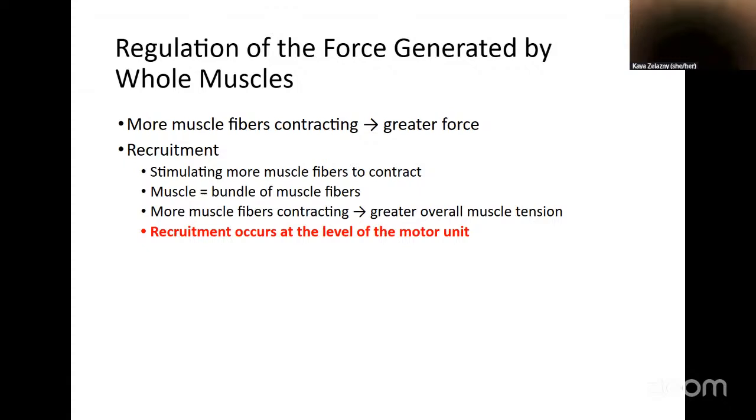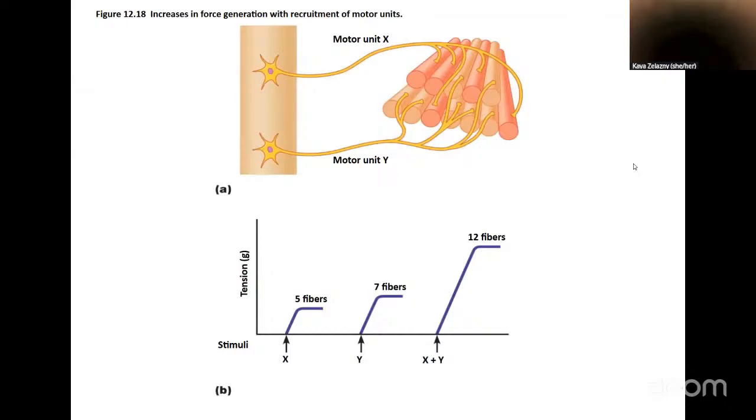Our big muscle is just a bunch of muscle fibers bundled together. We know they're grouped into motor units, and so we are going to grab more and more motor units, bigger and bigger motor units, as we try to make stronger movements. So we're going to take a peek again at our motor units.